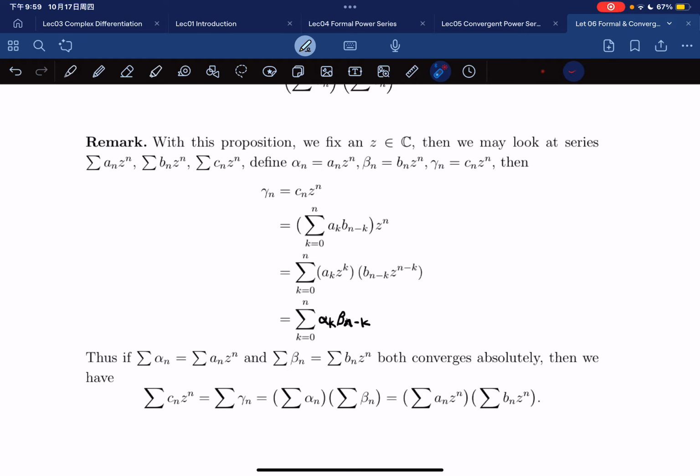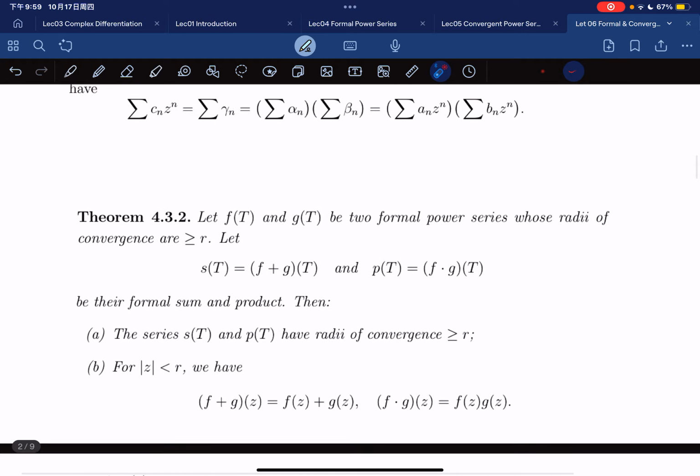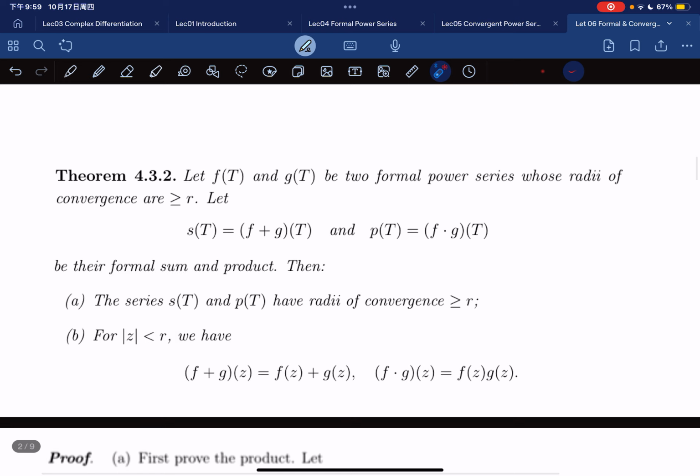So now we can finally start proving a theorem. It says that if f and g are two formal power series whose radii of convergence are both at least r, then we form their formal sum S and formal product P. The series S and P also have radii of convergence greater than or equal to r.